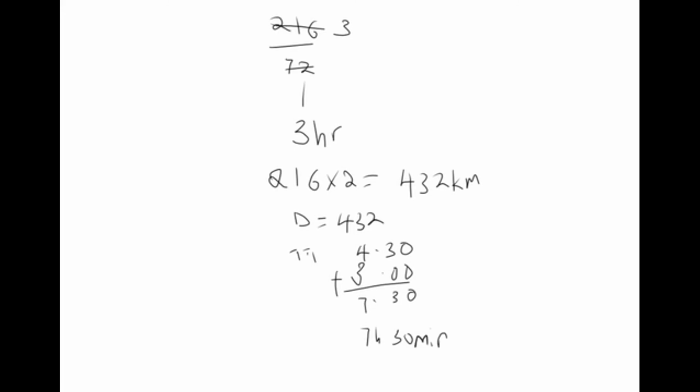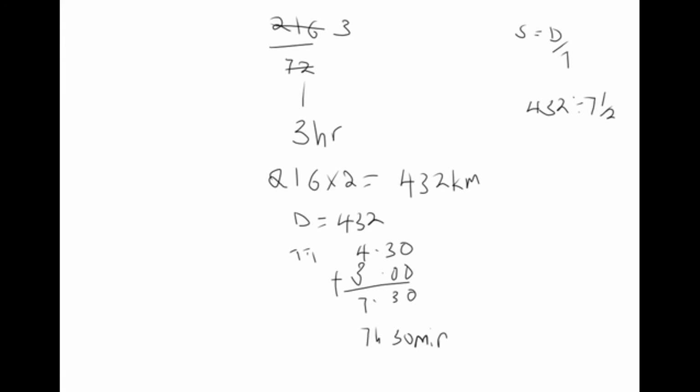Therefore, speed is distance over time taken. Our distance here is 432. Our time taken is 7 hours 30 minutes, which is 7.5 hours.